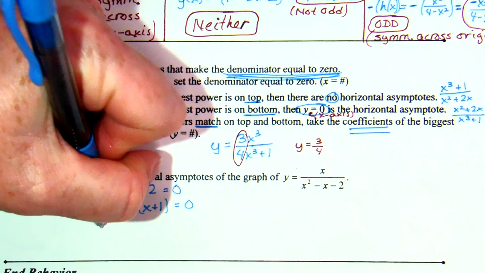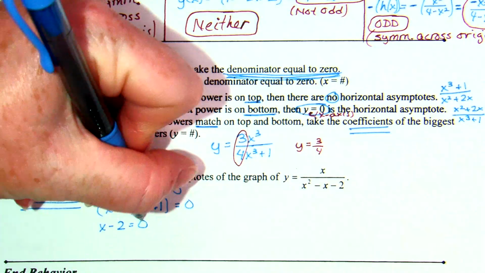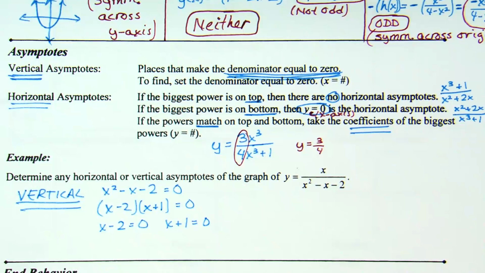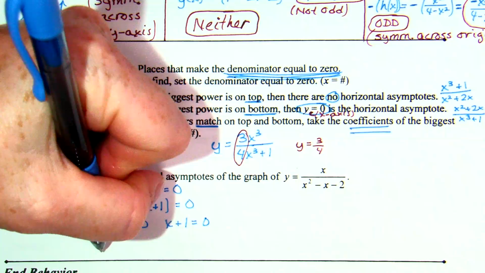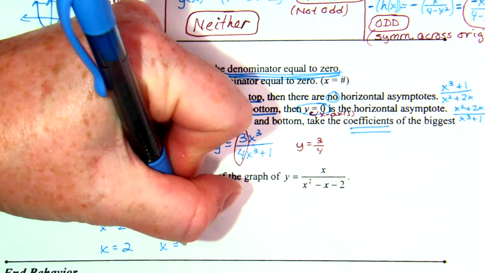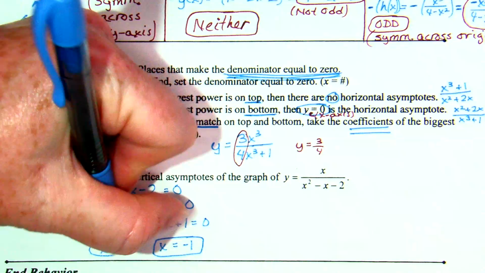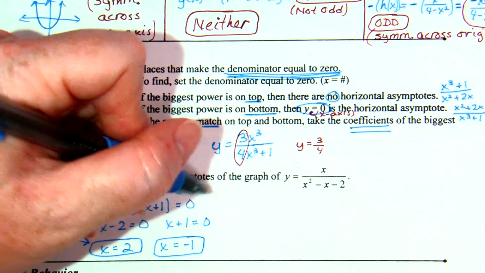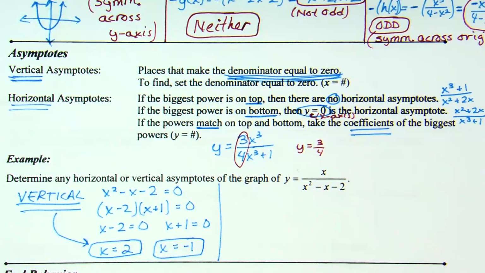Set them equal to 0. X minus 2 equals 0. X plus 1 equals 0. Solve these each for 0, and what do we get? Okay, x equals 2, x equals negative 1. Those are my vertical asymptotes.